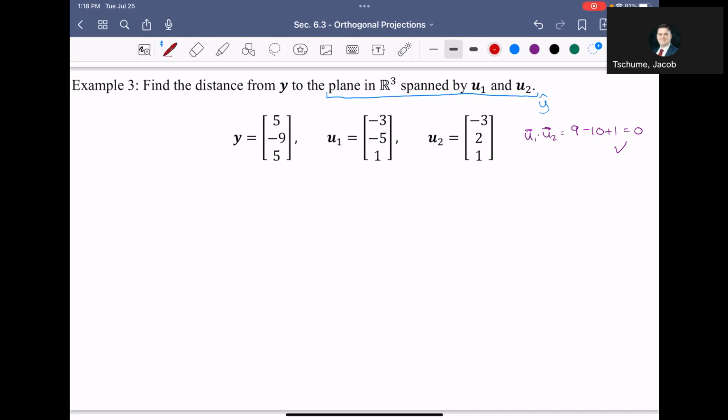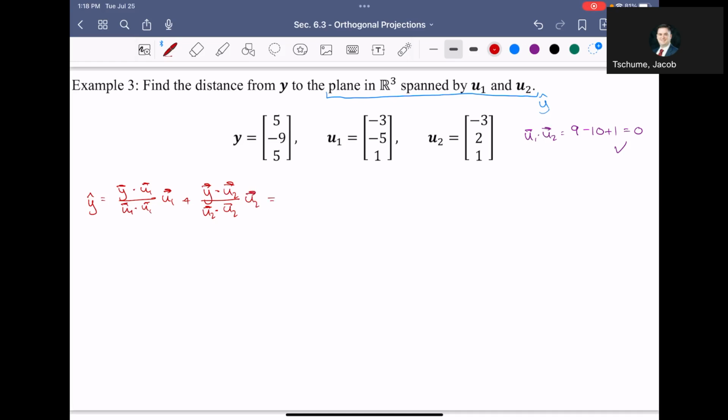To incorporate both vectors in my span into my orthogonal projection, y hat is going to be y dotted with u1 over u1 dotted with u1 times u1 plus y dotted with u2 over u2 dotted with u2 times u2.